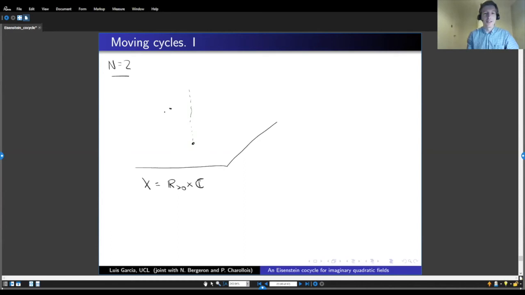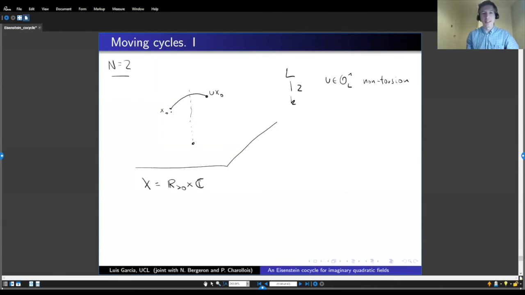And now, if you have a geodesic segment like this, so here, this is an extension of degree 2, and so we are interested in picking a unit of norm 1 that's non-Gaussian, and integrating our Eisenstein series on the geodesic segment from a certain x0 to its translate.